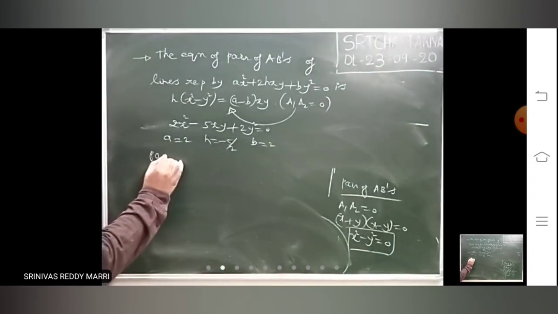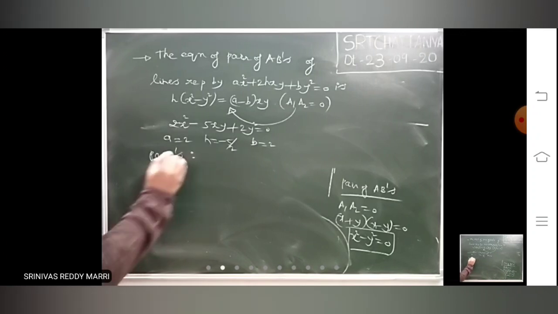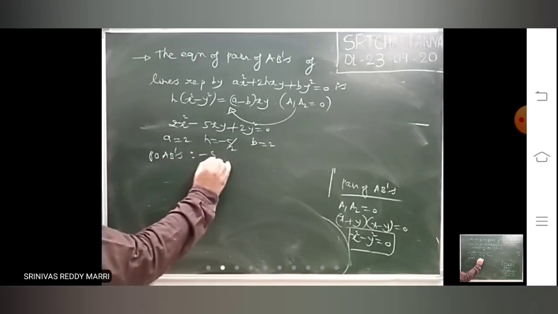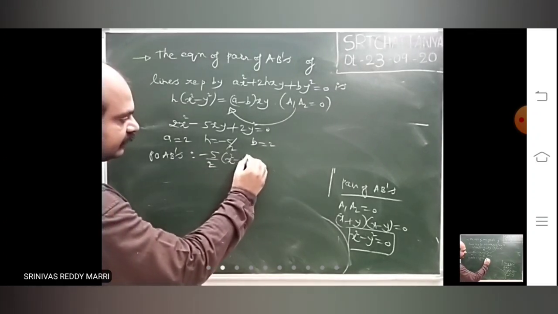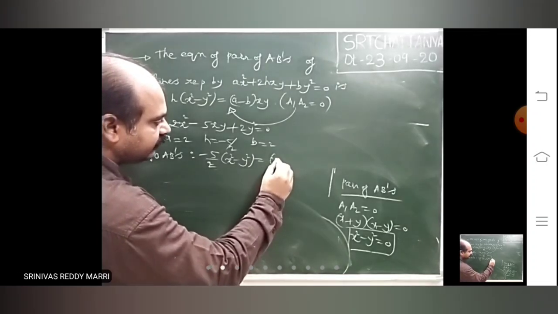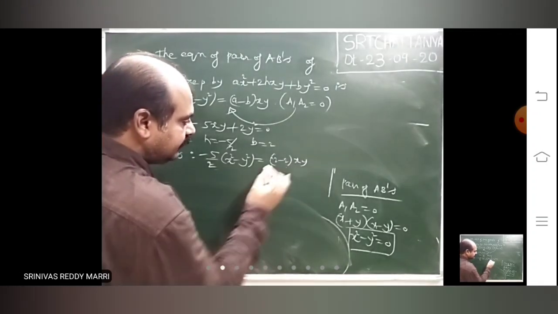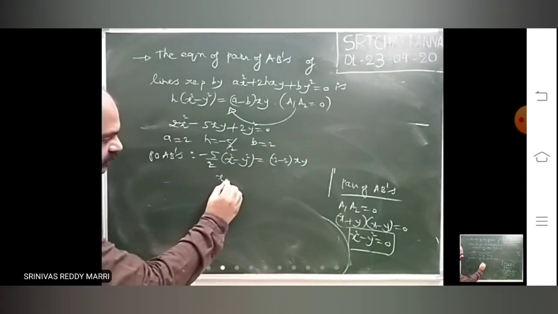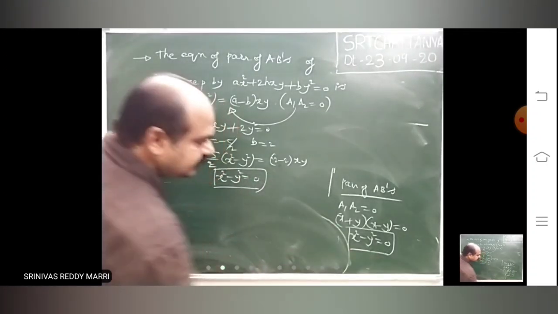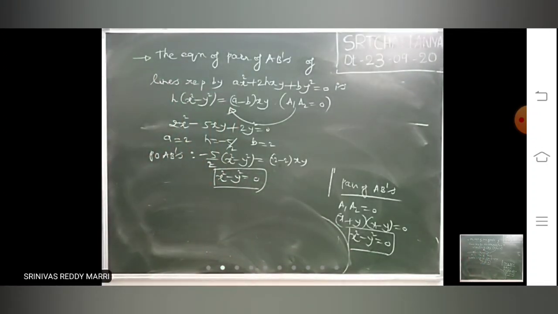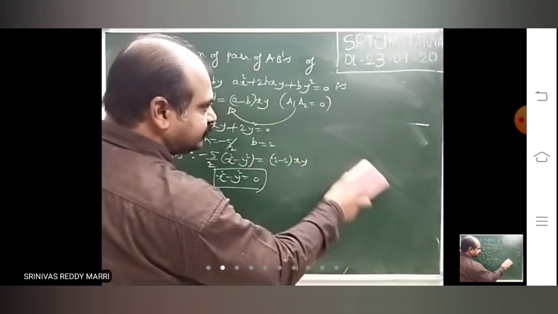What is the pair of angular bisectors equation? h into x square minus y square equal to a minus b into xy. Therefore, this is 0. So you get x square minus y square equal to 0. The same thing you will get. Like that, whenever you want to find the combined equation of angular bisectors, you do like this.